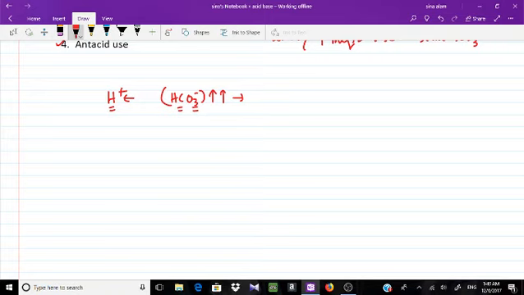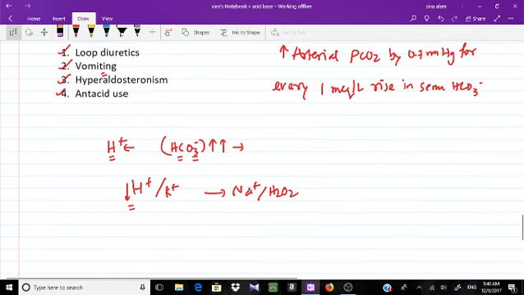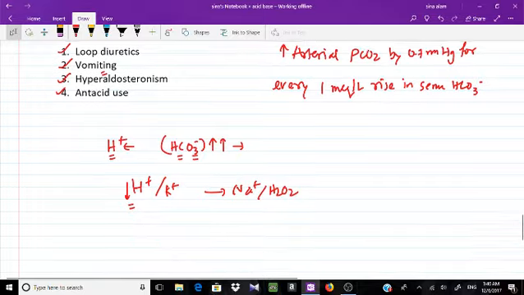And what the aldosterone does, it excretes H plus and potassium in exchange for sodium and water. So now if you get rid of the H plus from the body, again your body is having an alkalotic condition, right? Or with mineralocorticoid excess, like aldosterone excess, you can guess that it can lead to metabolic alkalosis.